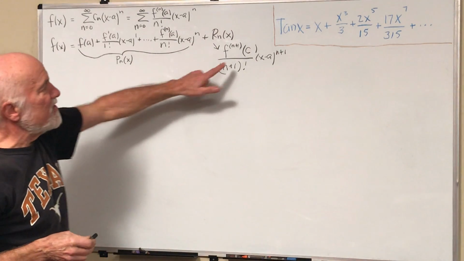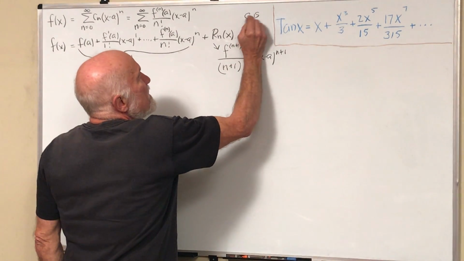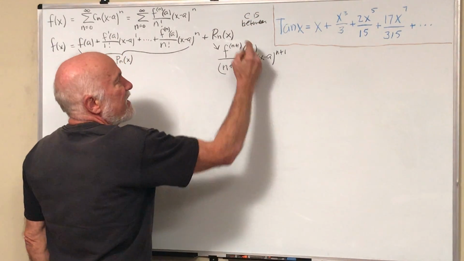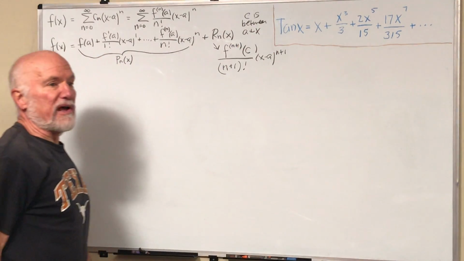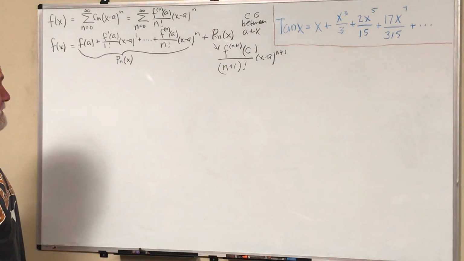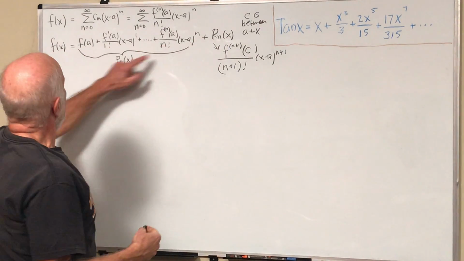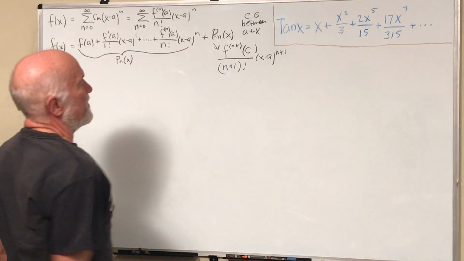The problem is, never do you know what c is. c is between a and x, the center and the value of x that you're plugging into the function. So that's kind of, when you put this and this together, this is Taylor's formula.